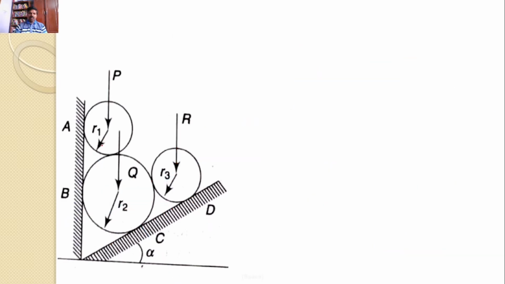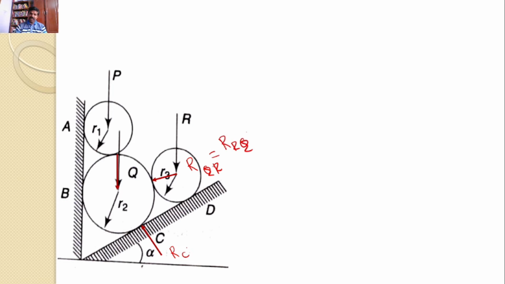Now, we will move on to the last sphere, that is Q. Let us see what are the various forces acting on the last sphere Q. The first force is the self-weight of Q. Next one is the reaction from C, that is RC. Next, the reaction given by roller R onto Q, which I will name RQR, which is nothing but RRQ.